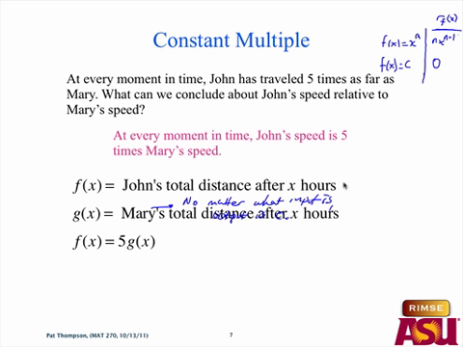Connor? The rate of f of x. Okay. You know, kind of that r. The rate. Subscript f is equal to 5 times the rate of g. Yeah, so the rate of change of distance of f with respect to x is equal to 5 times the rate of g with respect to x.